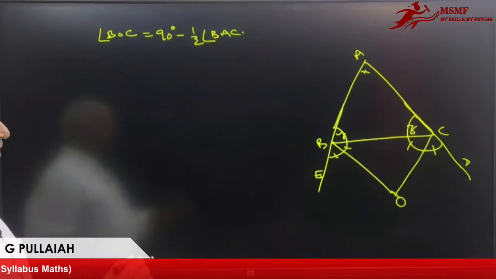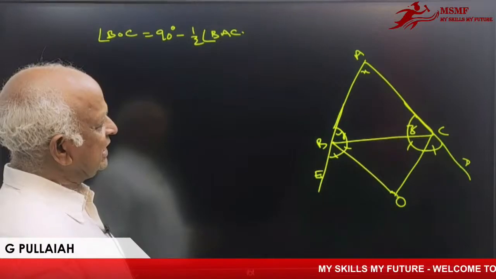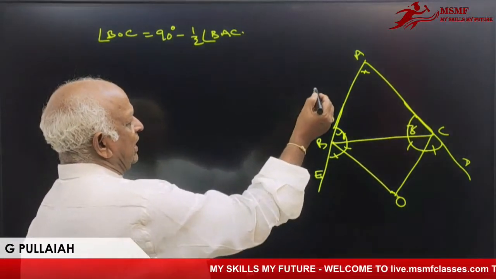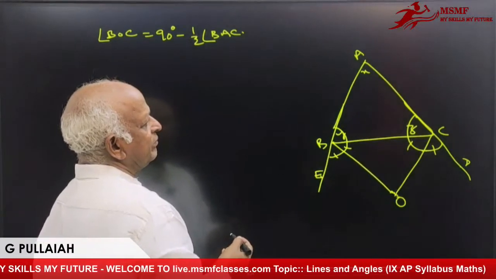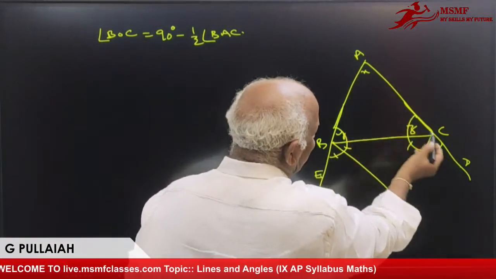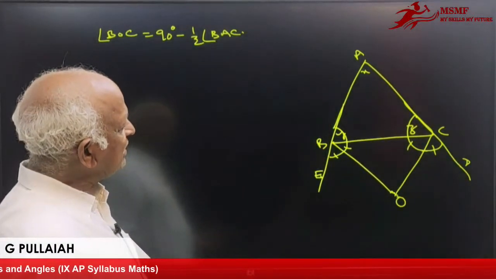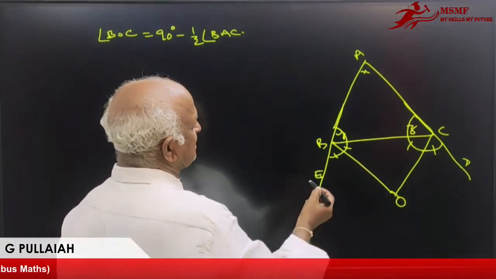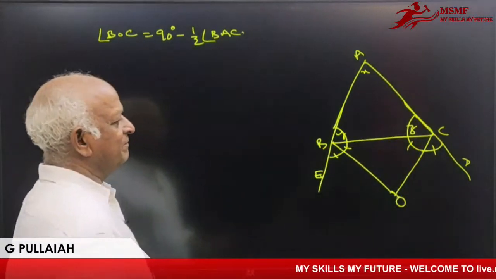Observe very carefully here. In triangle ABC, AE is extended from AB and AD is extended from AC. By extending here, two exterior angles are formed, at the B angle and at the C angle.